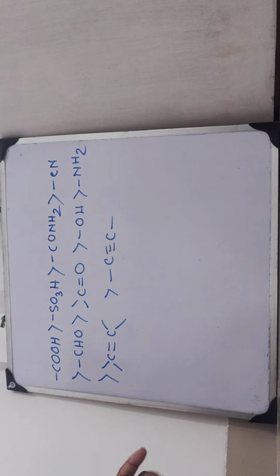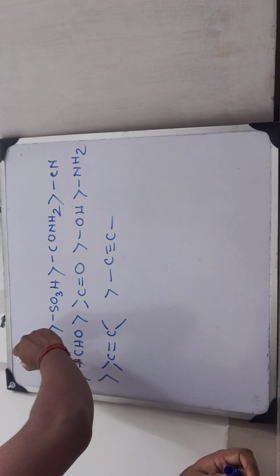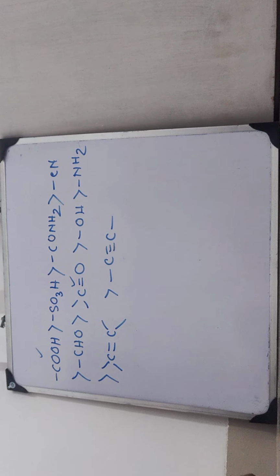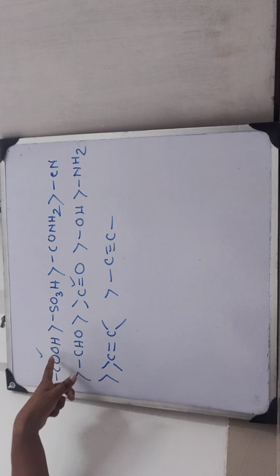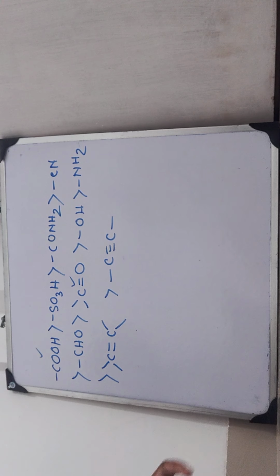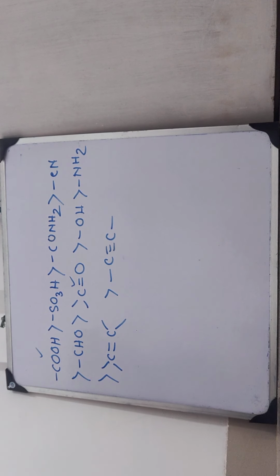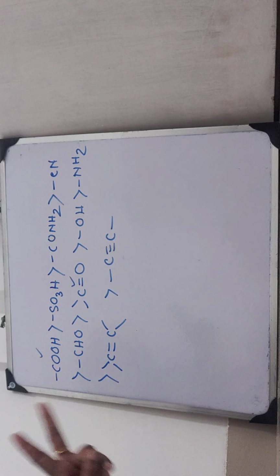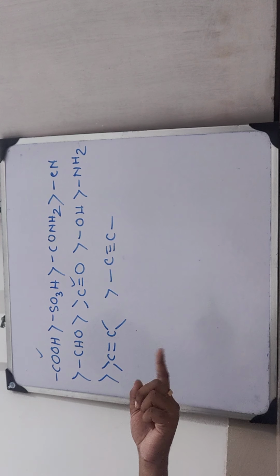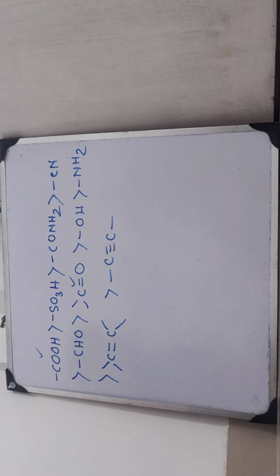It means if a compound has both of these functional groups, for the one which has greater priority, the suffix will be used, and for the one which has lower priority, the prefix will be used. What is suffix and prefix? Every functional group has two names, one known as suffix and the other known as prefix.